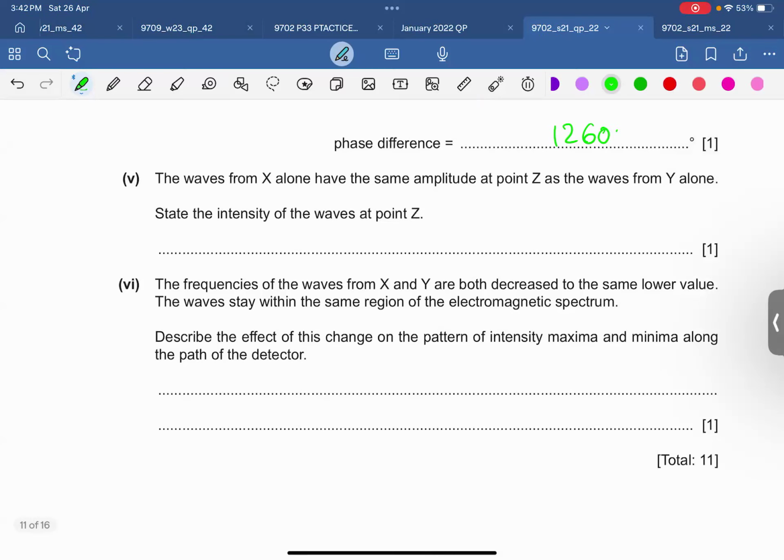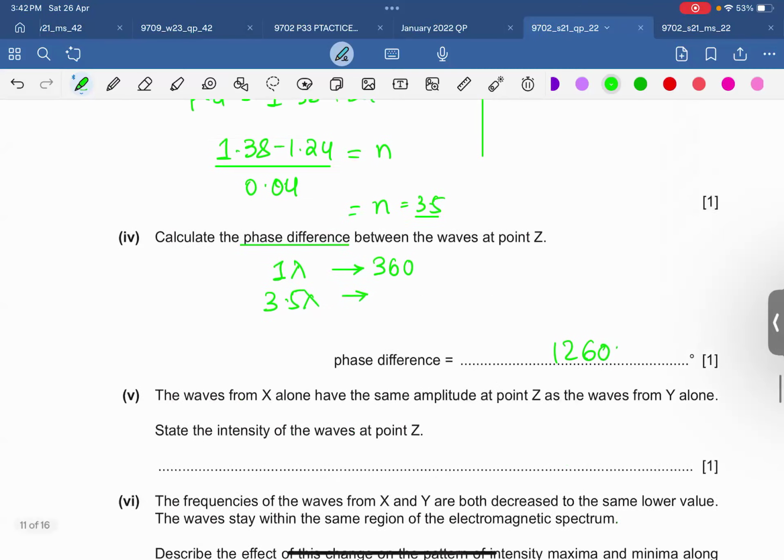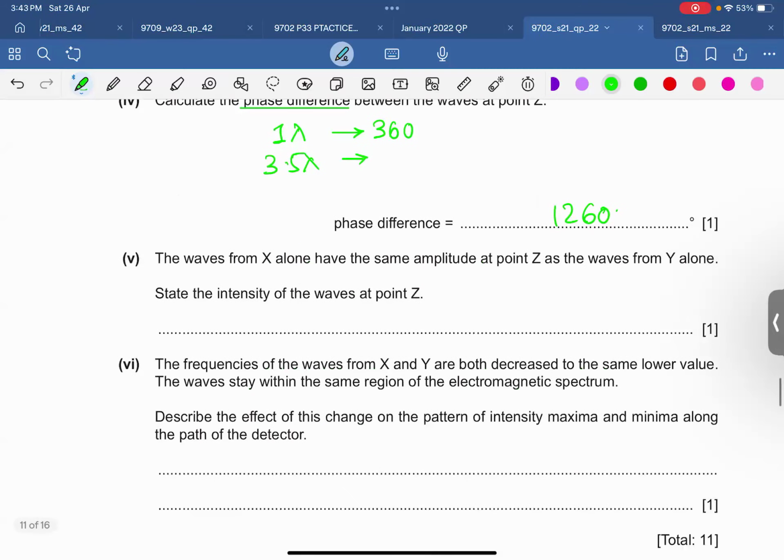Yes, Irfan. The waves from X alone have the same amplitude at point Z as the waves from Y alone. State the intensity of the waves at point Z. Okay. You can see that at point Z there is a 3.5 lambda of path difference. मुझे बताओगे, will there be a constructive interference or destructive interference?